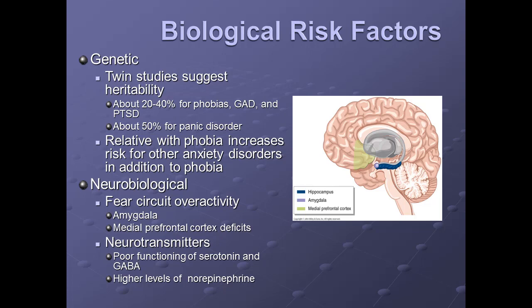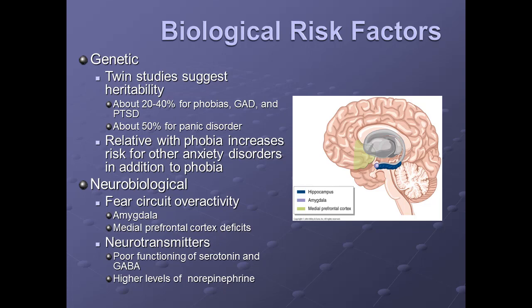And if a person has a sensitive or an overactive amygdala, and that is combined with a medial prefrontal cortex deficits, that person seems to be predisposed to developing an anxiety disorder. So let me explain this a little further. Your prefrontal cortex is there to help mitigate the information that the amygdala sends out.